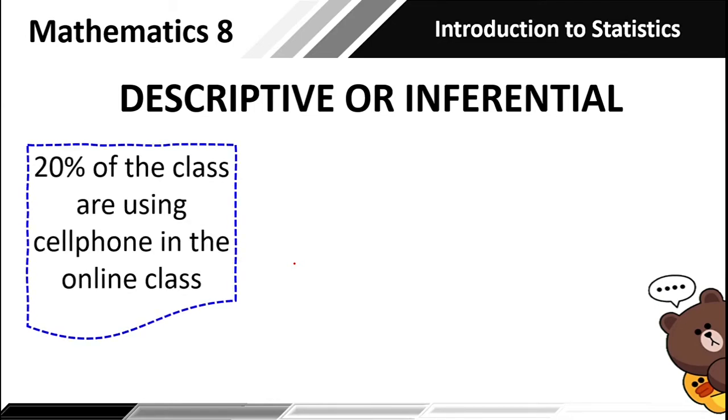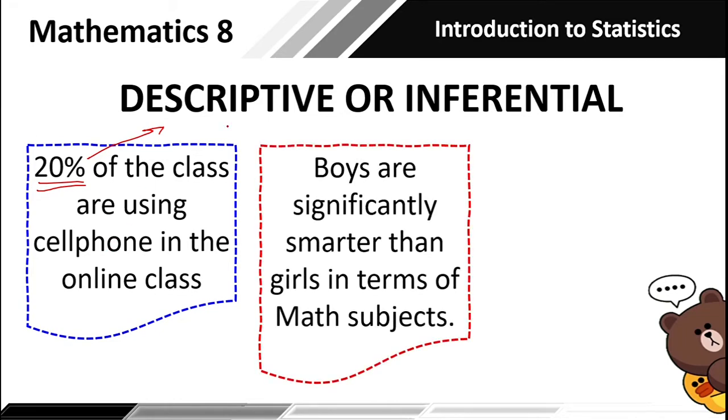First one, 20% of the class are using cell phone in the online class. In this given example, it uses 20%. 20% is under descriptive statistics because it just describes the population, which is the whole class. Next, example.